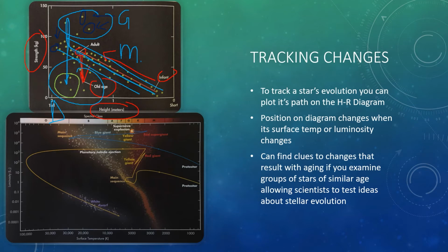But basically what you're seeing here is birth, main sequence, and then they go to the giant phase and then death, which, depending on how they end their life or how massive they are, they will become a white dwarf, or they'll die as a supernova and become a neutron star or a black hole. Generally, you have birth, main sequence, giant, death, and those are the stages of the life cycle in the most general terms.